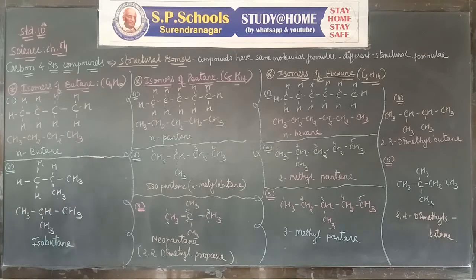In case of hexane, normal hexane, 2-methyl pentane, 3-methyl pentane, 2,3 dimethyl butane and 2,2 dimethyl butane. So the isomers of butane will be 2, isomers of pentane will be 3 and isomers of hexane will be 5.